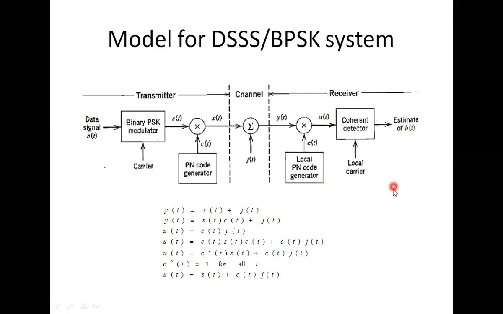So it's an estimate of b of t. What is important to note here is that the property that c square of t is equal to 1 makes u of t have two terms which can easily be separated. So now this c of t interferes with only the jammer, not with the desired modulated signal.